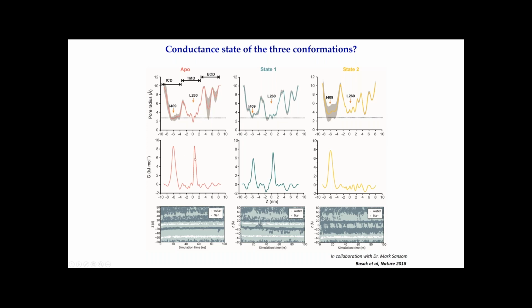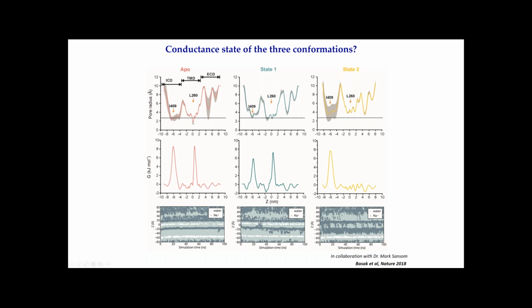And they also evaluated the conductance properties of the channel by looking first at the free energy of water occupancy within the pore. And they find that there are 2 major barriers to water occupancy. If there is a barrier to water occupancy, it also will be a barrier to ion permeation.